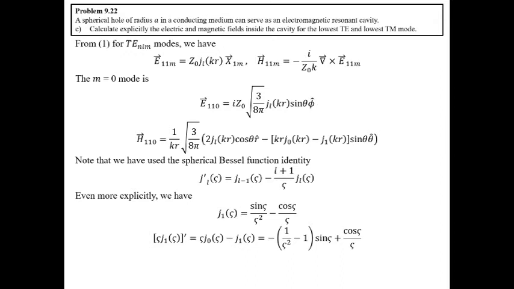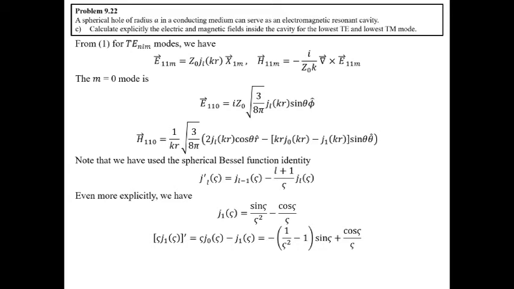For equation 1 for TE modes, we have E_11m equals Z0 j_l of kr times X_1m, and H_11m equals minus i over Z0 k times curl E_11m.